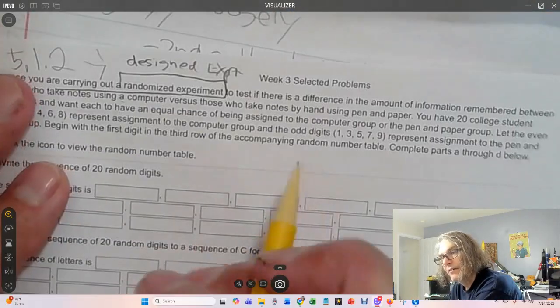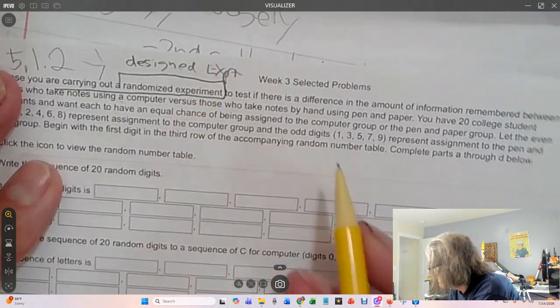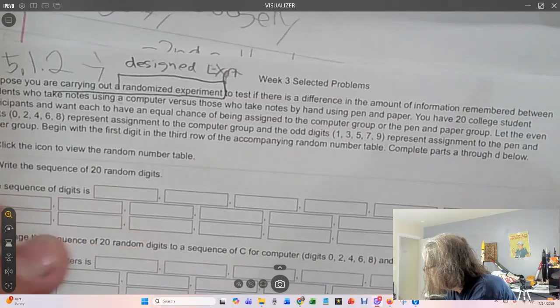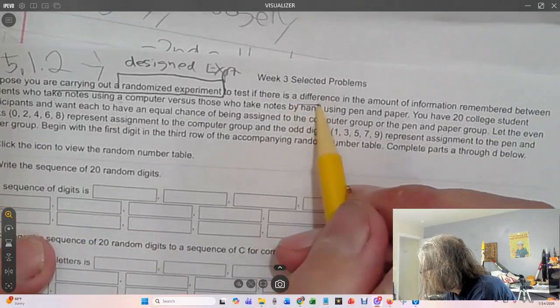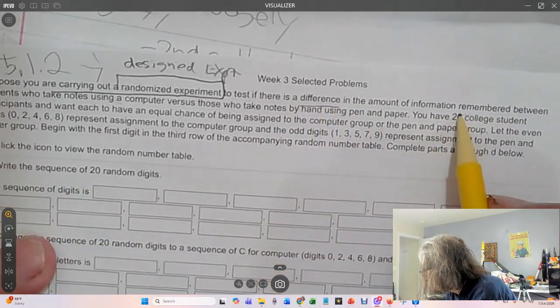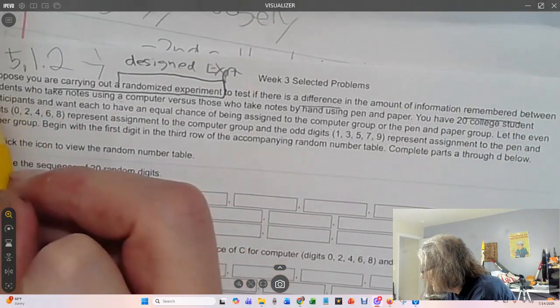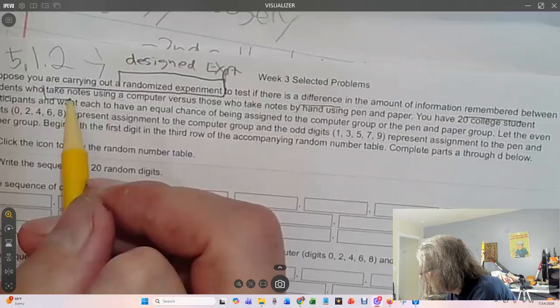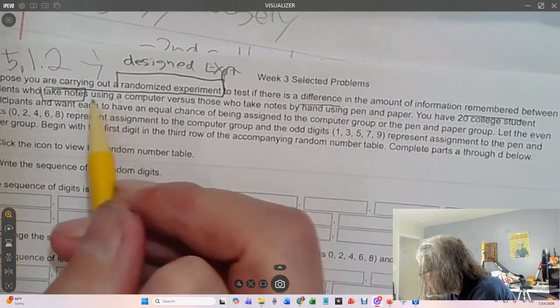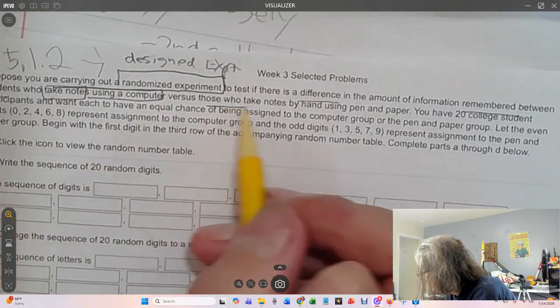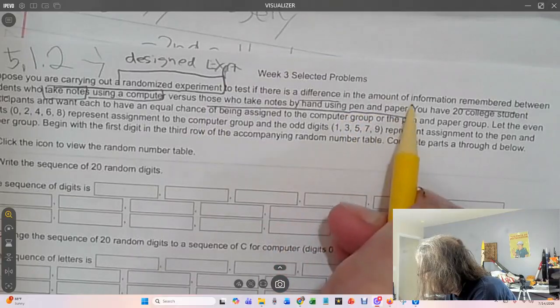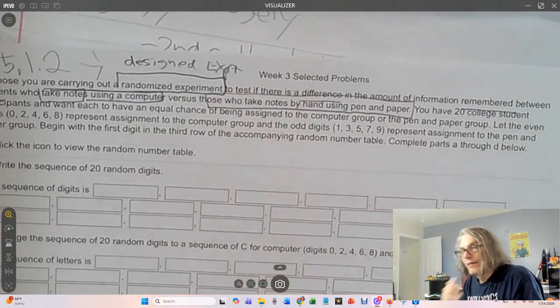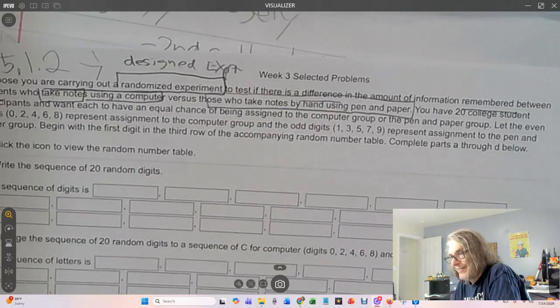You had to randomize it, okay? So there is a difference in the amount of information remembered between students, either the ones who take notes using a computer versus those who, wow, this one's like right up the old school alley, isn't it?